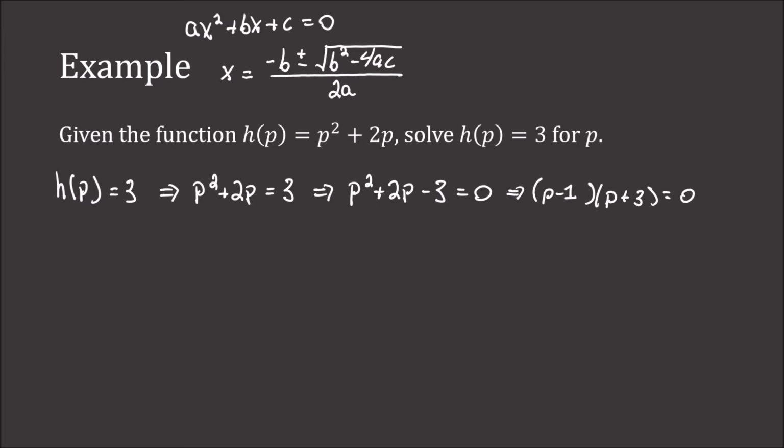Then remember, we can use the zero property, which says if A times B is equal to 0, then either A equals 0 or B equals 0.